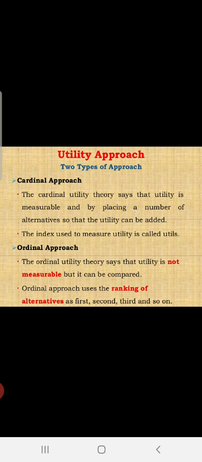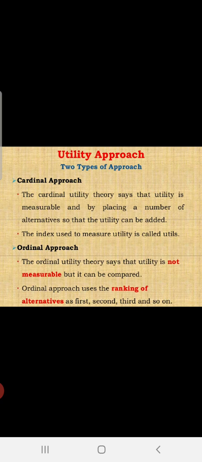The utility concept is divided into 2 categories. One is the cardinal measurement and the second one is the ordinal measurement. According to Alfred Marshall, when the utility is quantified in numbers, then it is called cardinal measurement.